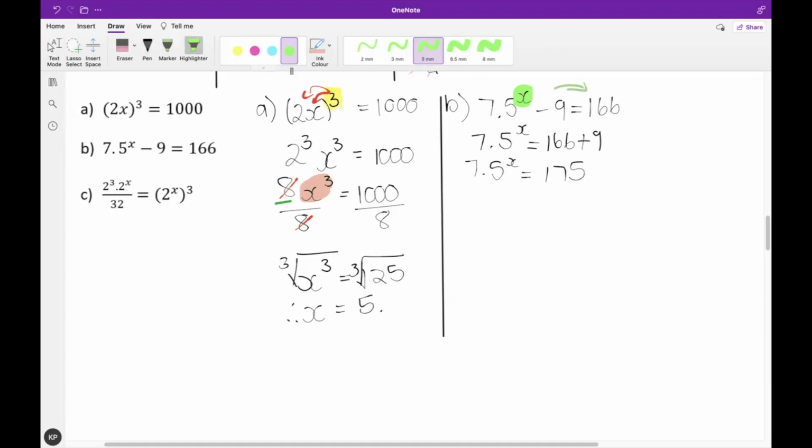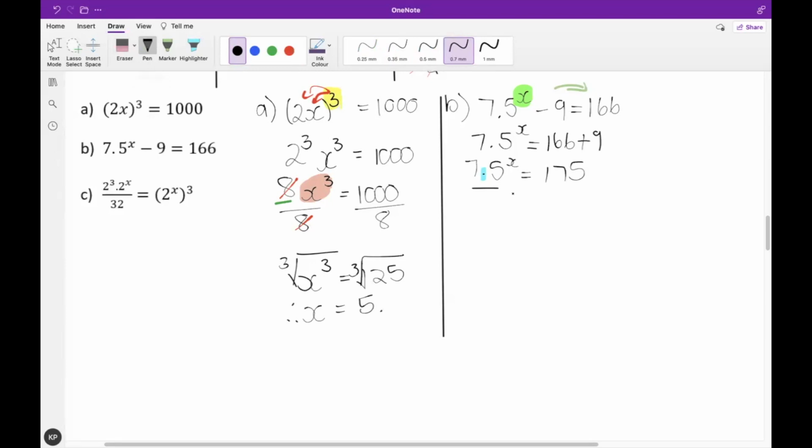Now, once again, what does this dot mean? Is it a comma? It's multiplied. So then, how do I get rid of my 7, now that we know it is a multiply? We will divide by 7.